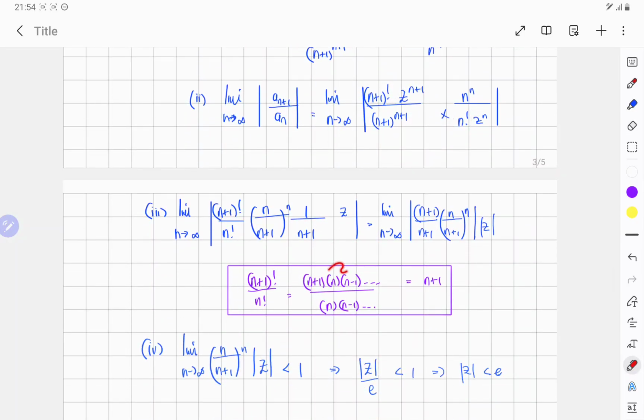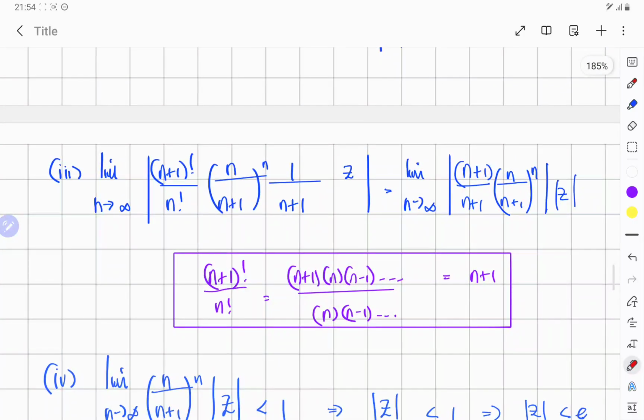So I just explained it here again. You have (n+1) factorial, which is (n+1) times n times (n minus 1), and so on. At the bottom you have n factorial. If you cancel, you get n plus 1.